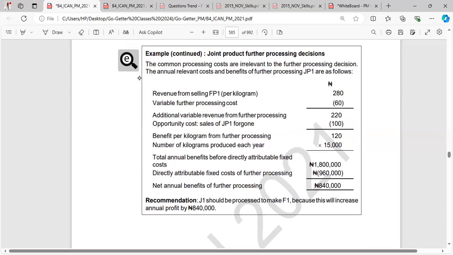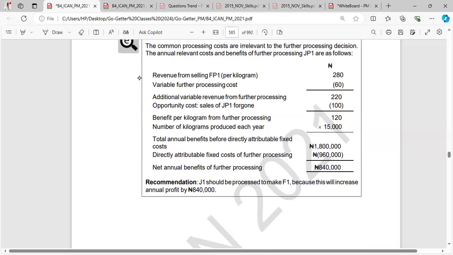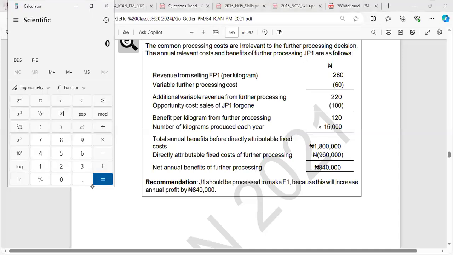Now multiplied by 15,000 J1 produced, this is your total benefit. So let's calculate to confirm that figure. 120 multiplied by 15,000 gives me 1,800,000. That's fine.